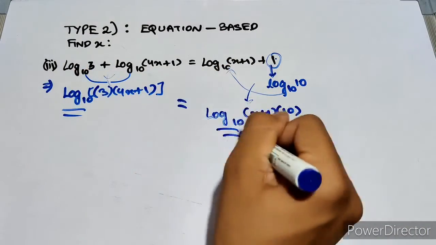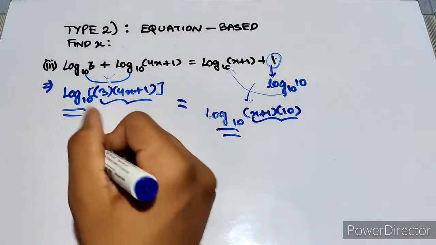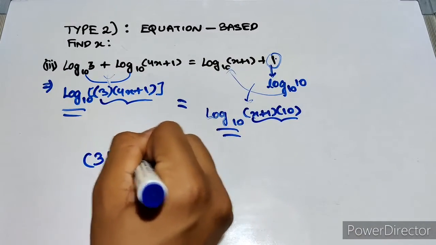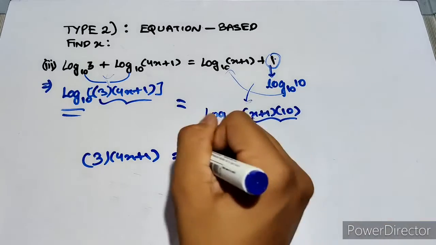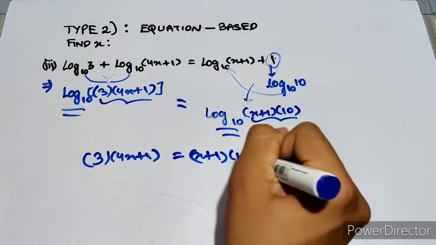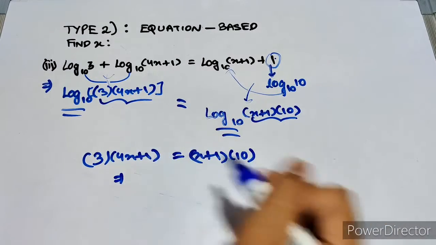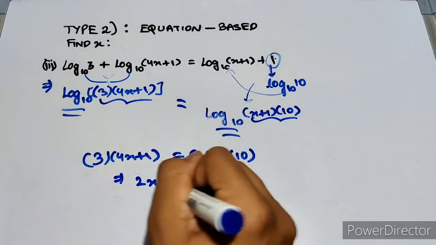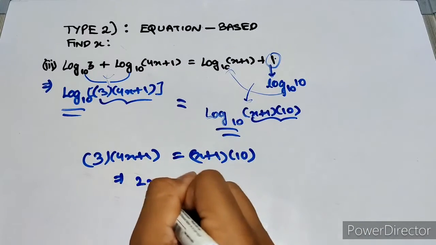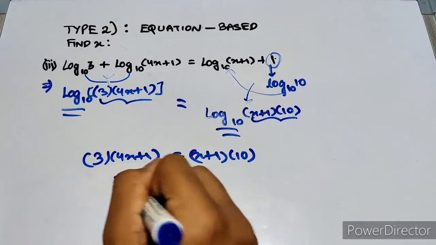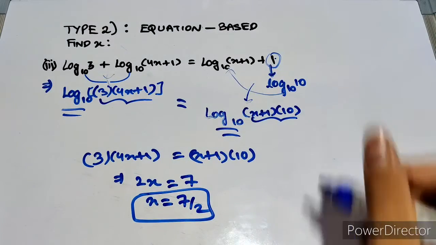Since the log is the same here, the argument must be the same on both sides. So it will be 3 times 4x plus 1 is equal to x plus 1 times 10. It will give us 2x is equal to 7, and hence x is equal to 7 by 2. Hopefully you got this question.